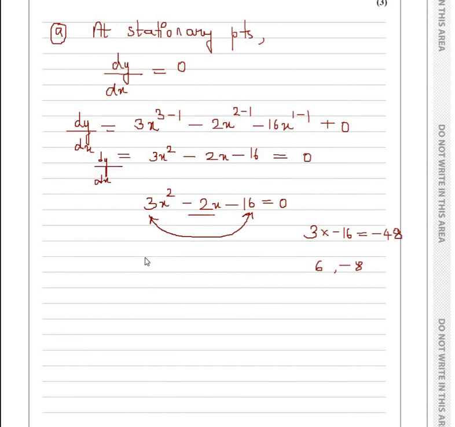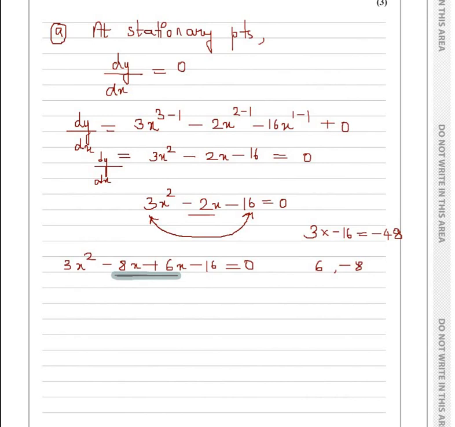So I'm going to split it as 3x squared minus 8x plus 6x minus 16 is equal to 0. As you can see, the middle term has got split into 2 terms. That is why this method is called splitting the middle term.